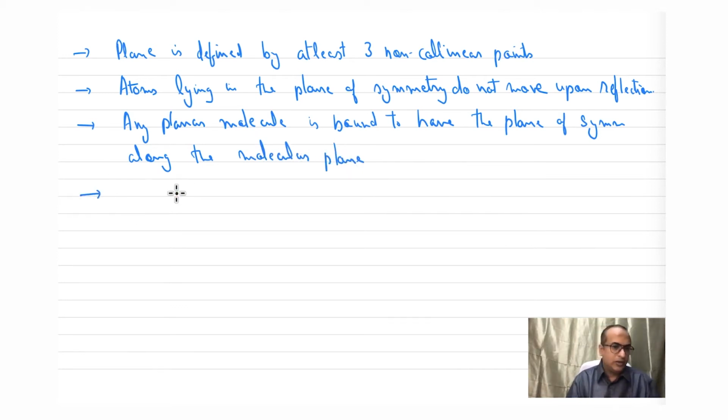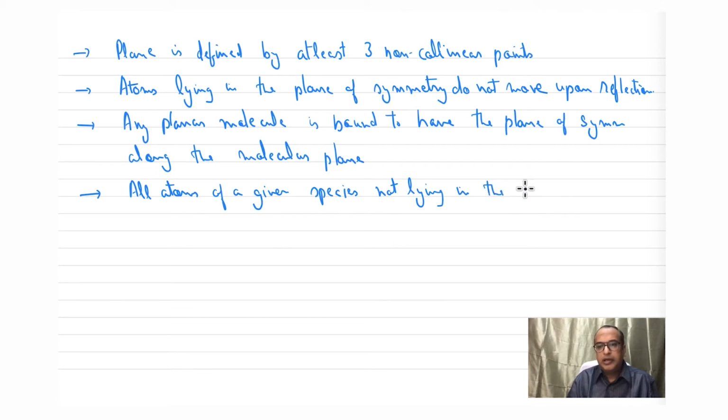So we'll see that again when we look at the examples. So all atoms of a given species not lying in the plane must be present in even numbers.